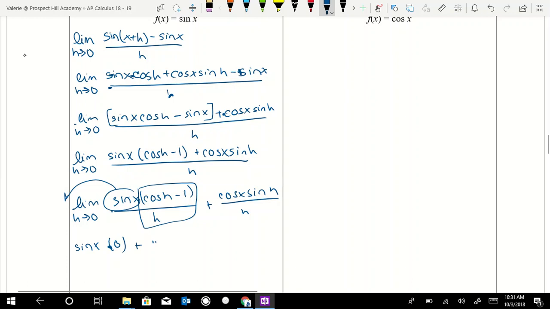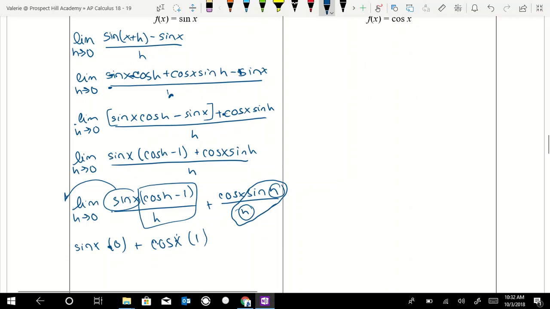and then if we find the limit over here, we're substituting 0 in for our h's. So we have cosine x, actually, this limit here, sine h over h, we know is equal to 1. So we have cosine x times 1.